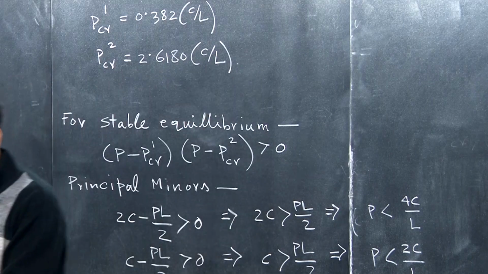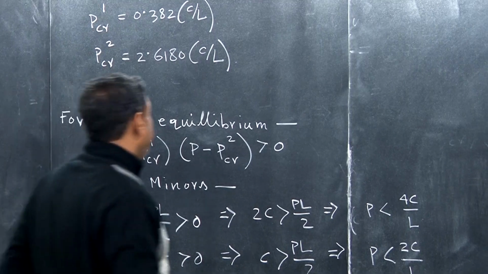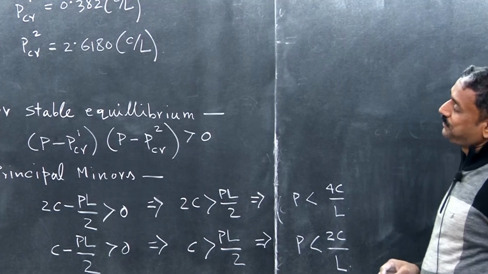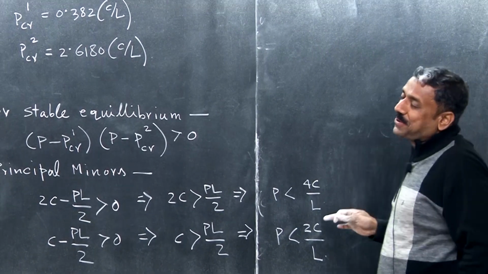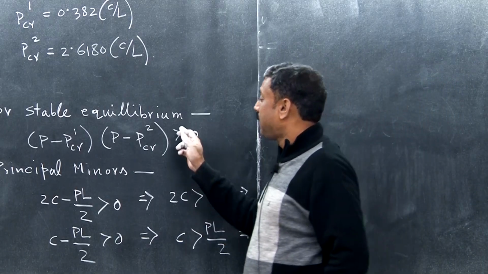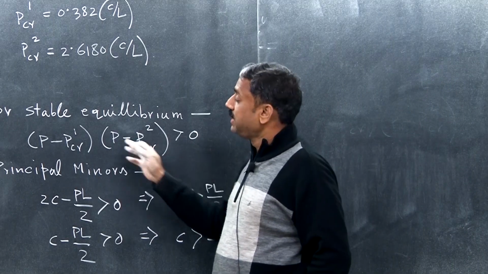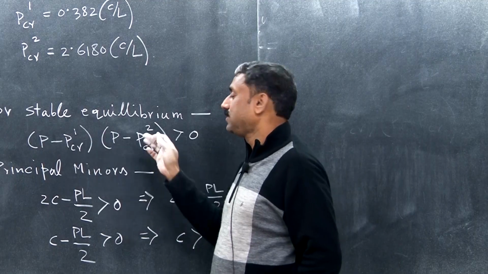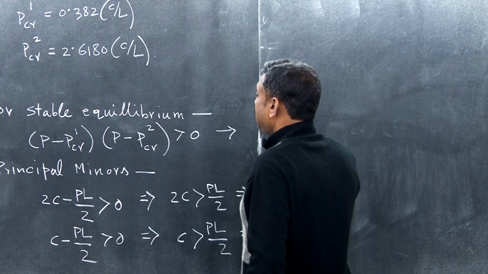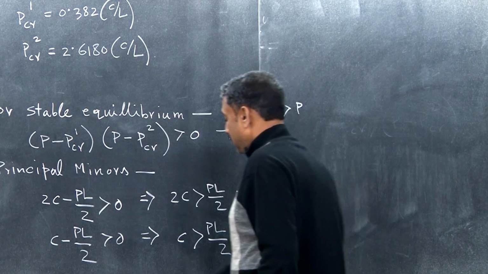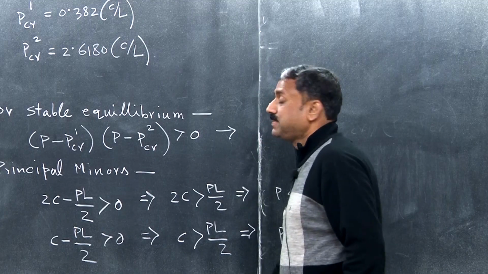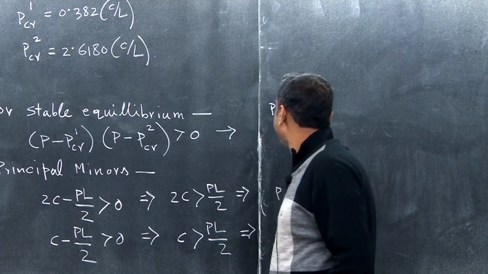Okay, now, see, all these three conditions need to be satisfied for stability, right? Now, you tell me, how can it be greater than 0? If this is greater than this one, this also is greater than this one, right? So, P must be greater than PCR1, and P must be greater than PCR2, right? This is one.